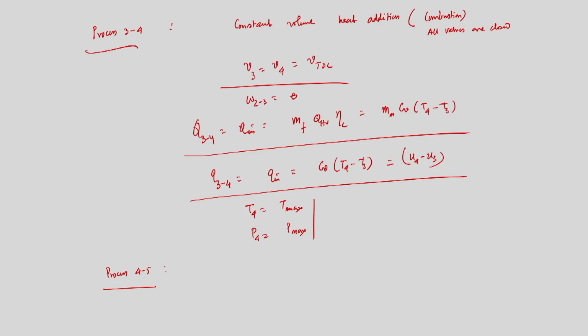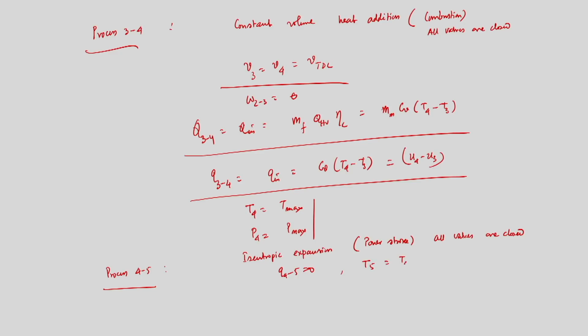Then process 4 to 5 is isentropic power expansion stroke, all valves are closed, right, and then Q45 is equal to 0 because isentropic process, that is very important.